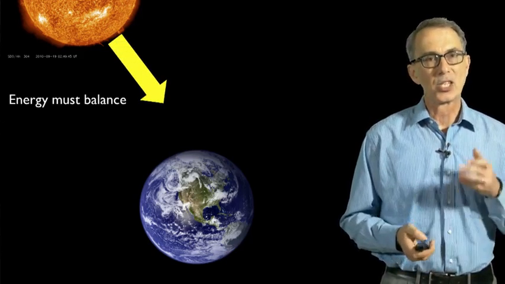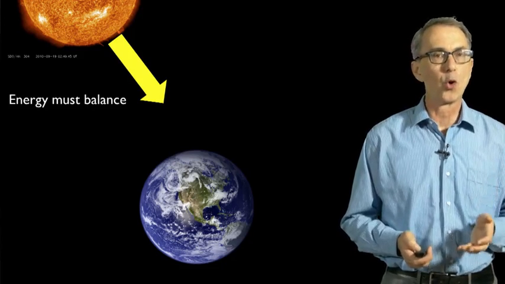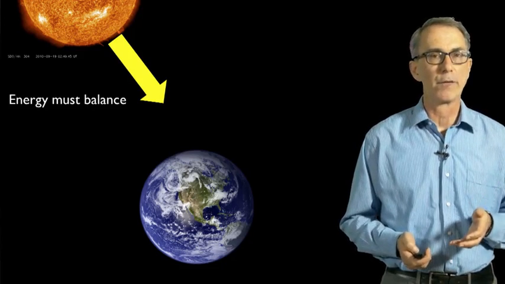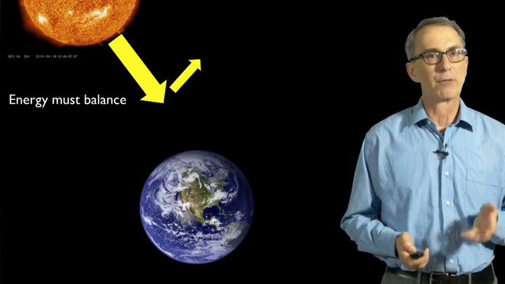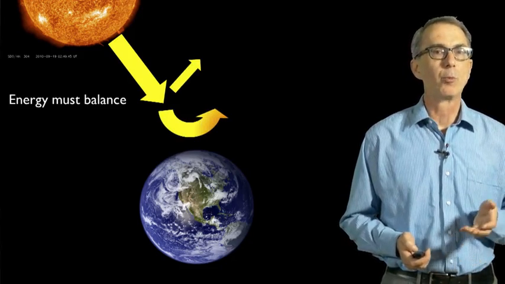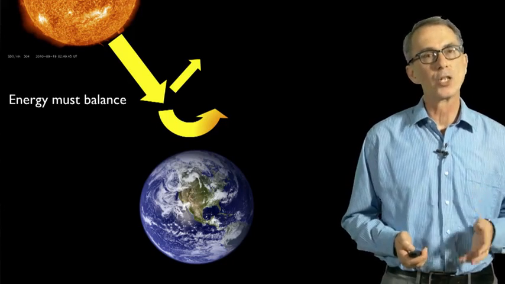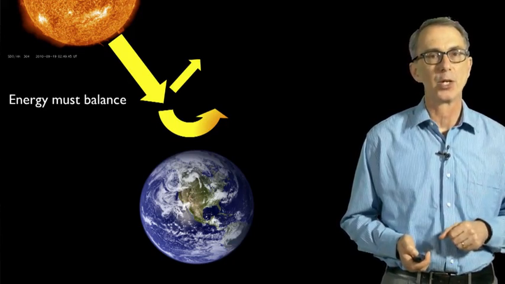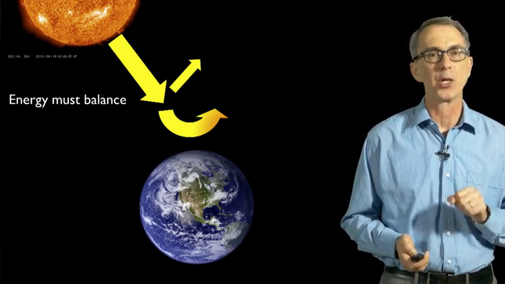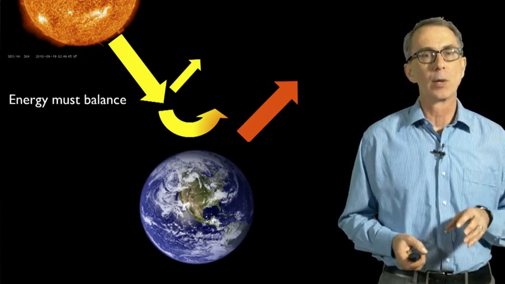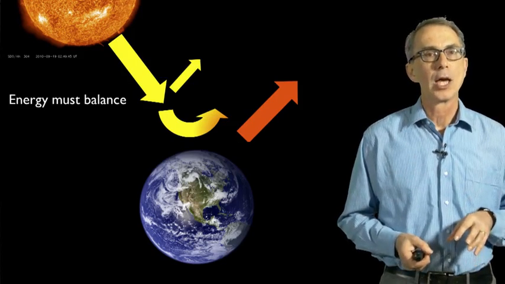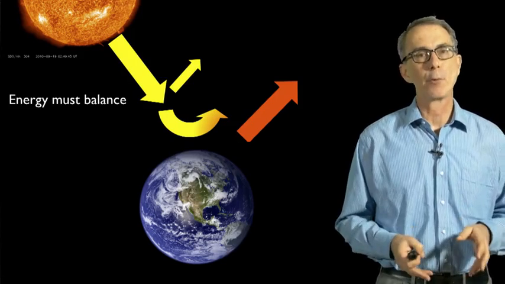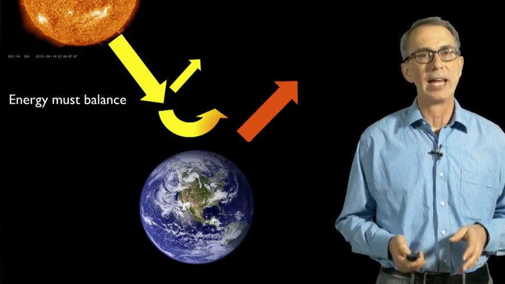And then the sunlight will be absorbed in the Earth's atmosphere and at the Earth's surface. Some of it will be reflected from clouds, some of it will be reflected from the Earth's surface, but what isn't reflected will be heating up the Earth's atmosphere and heating up the Earth's surface. And as it heats up the Earth's surface, the Earth will radiate out heat radiation, or infrared radiation, or long wave radiation.